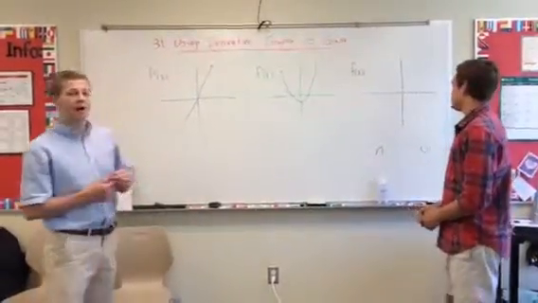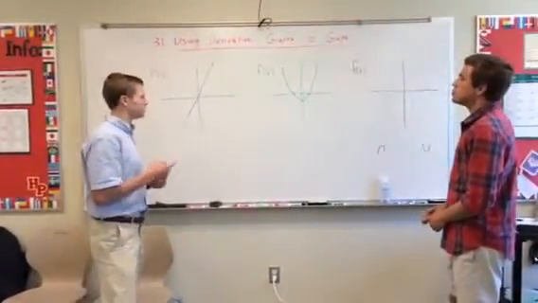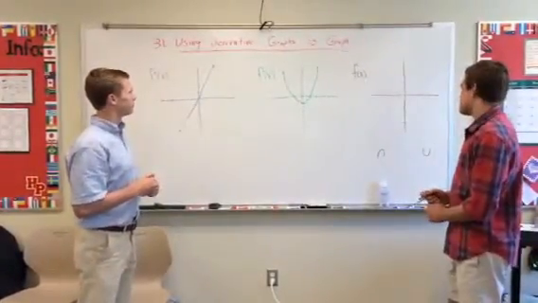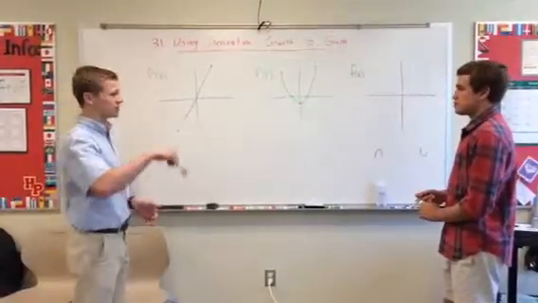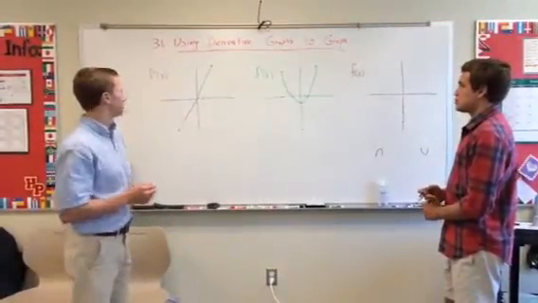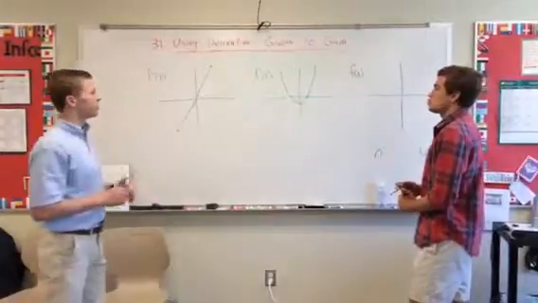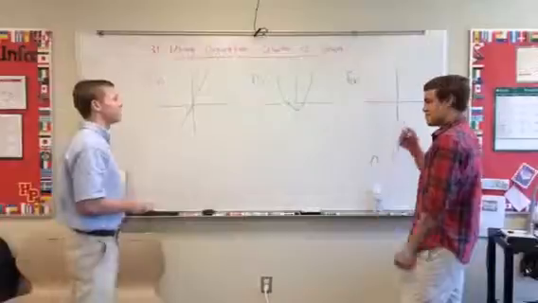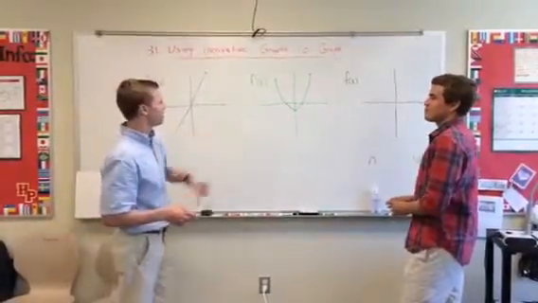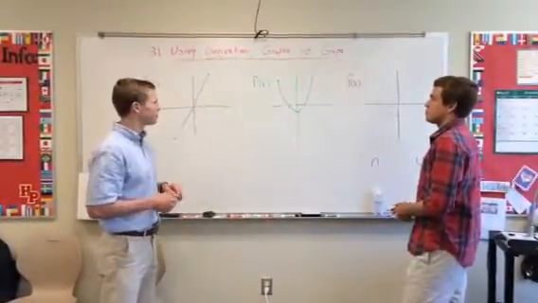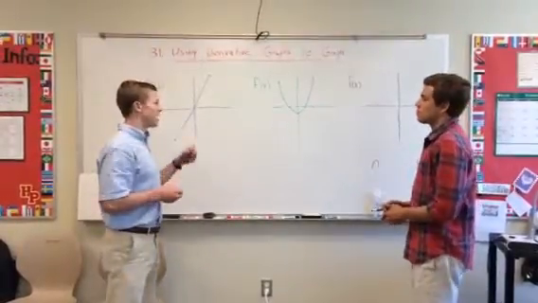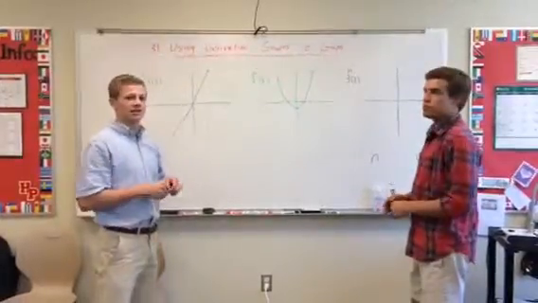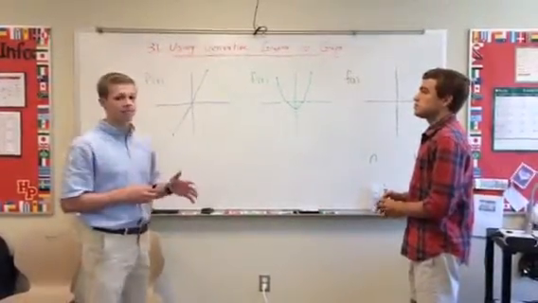For f prime of x, that's going to tell us two really important things: where f of x is increasing or decreasing, and the slope at these different points, which is going to help us get an accurate measure of our graph. First we'll look at our critical points. On f prime of x, we can see that the velocity graph, or just the derivative, is 0 at -1 and 1, which means the particle stops and has either a relative max or a relative min.